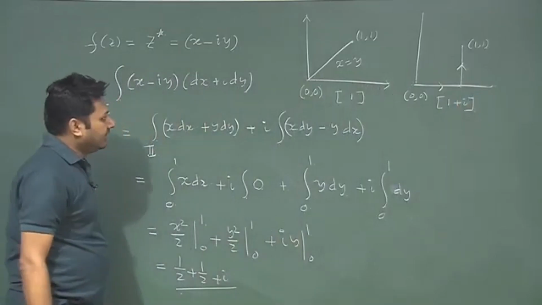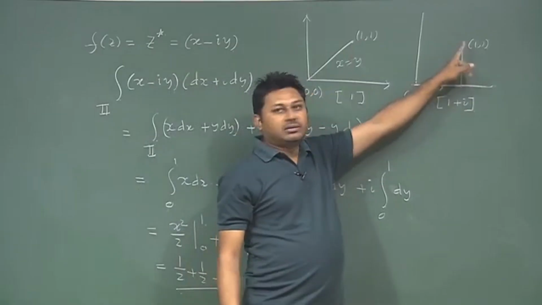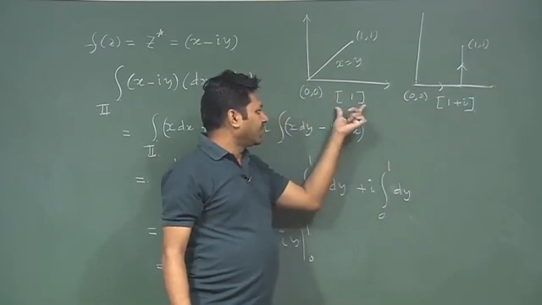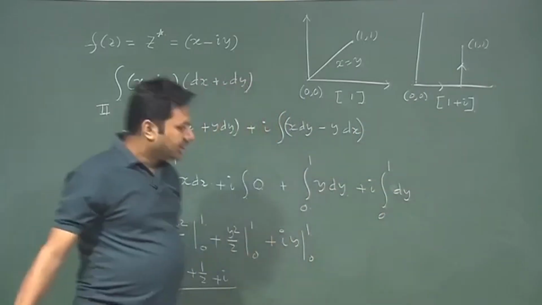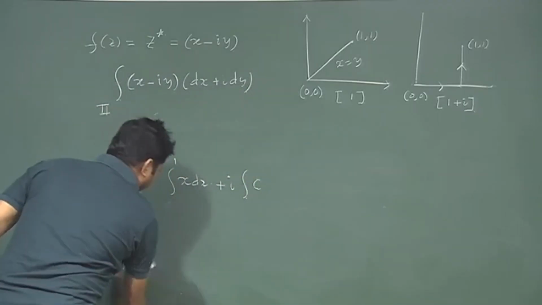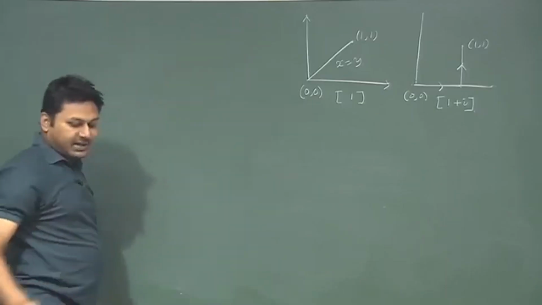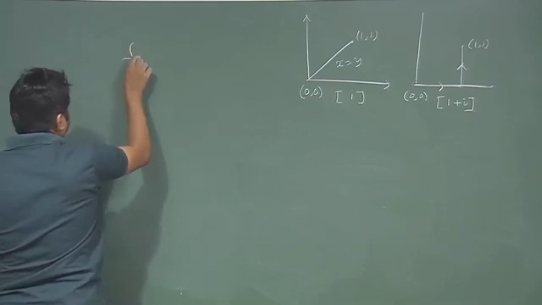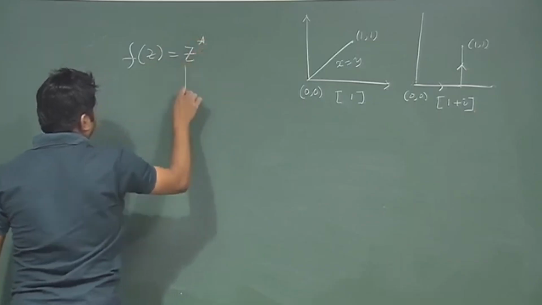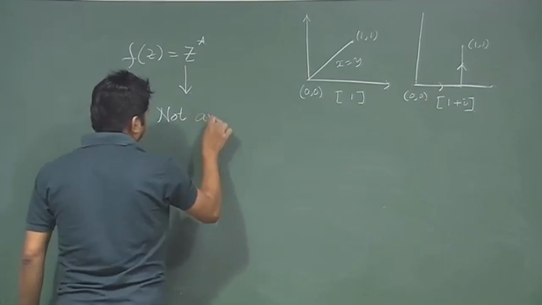So, that means if I go from here to here and if I go from here to here, in both the cases I will have the integration, but these integrations have quite different values. The reason behind that, as I mentioned, is a very simple checking of whether the function is analytic or not. So, here my function f(z), which was z star, is not an analytic function.